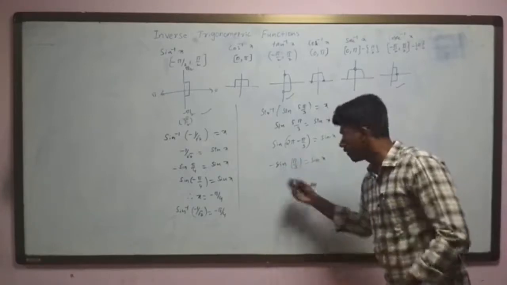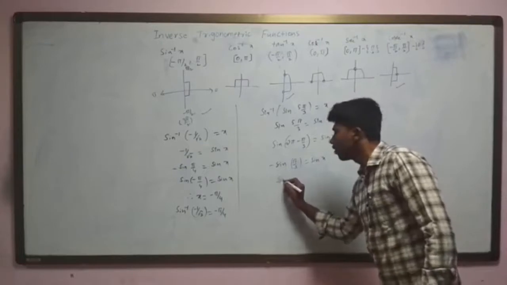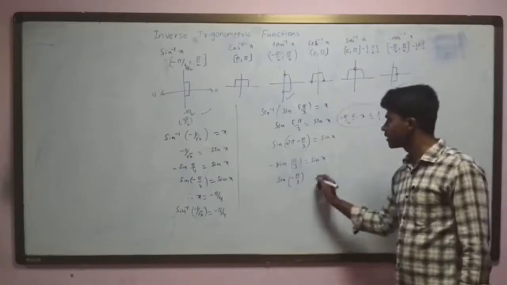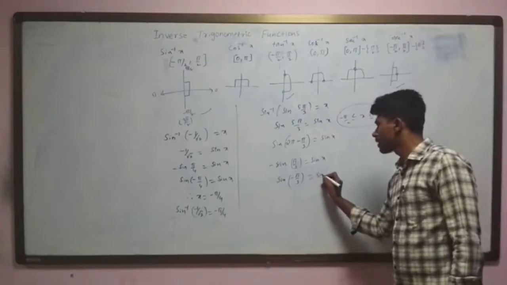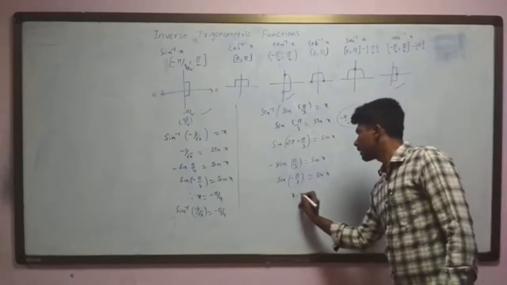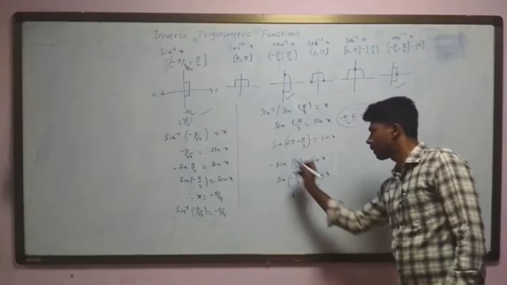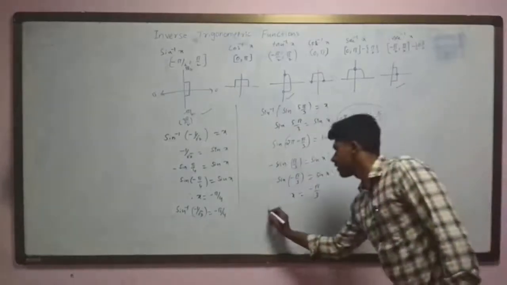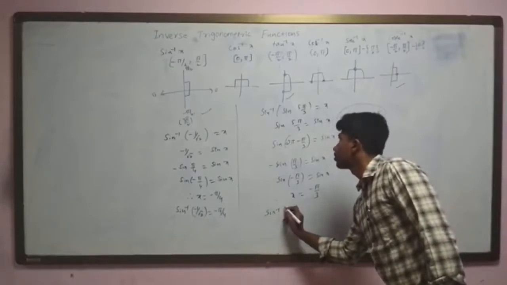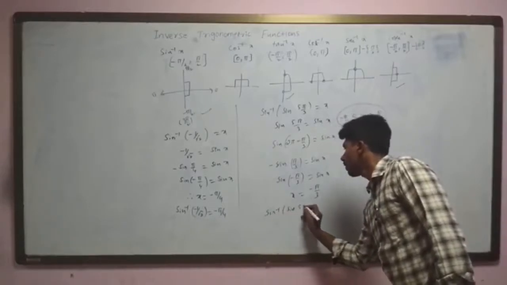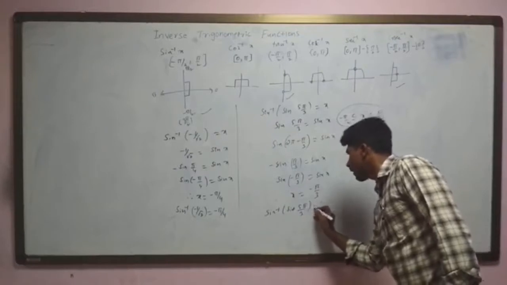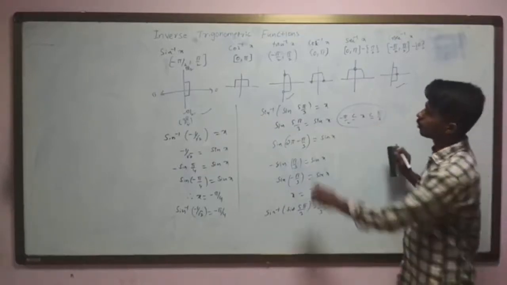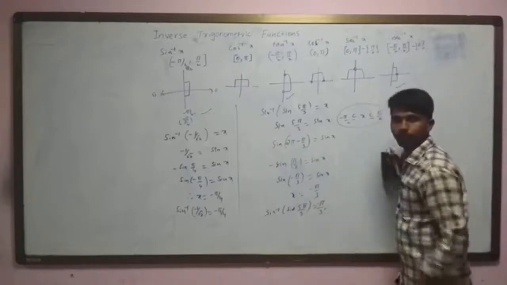So it can be rewritten as sin of minus pi by 3 is equal to sin x. Therefore x is equal to minus pi by 3. Then we can rewrite it as sin inverse of sin 5 pi by 3 is equal to minus pi by 3, which is not at all equal to pi by 3.